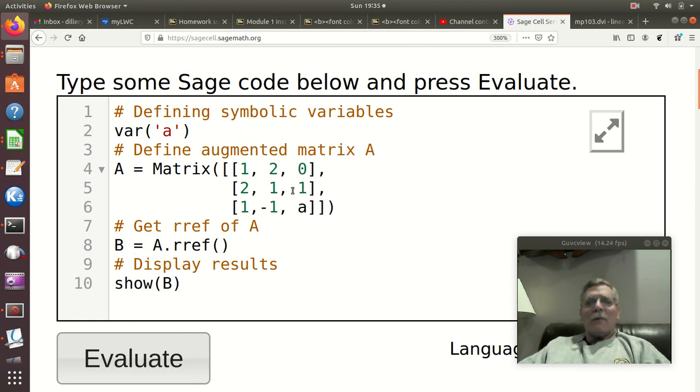But as long as I'm working with numbers and I realize I'm in charge of knowing what the context is, then this is a really, really nice tool. Okay, and so that's a little bit more on Sage and reduced row echelon form.